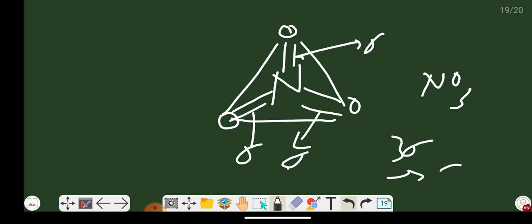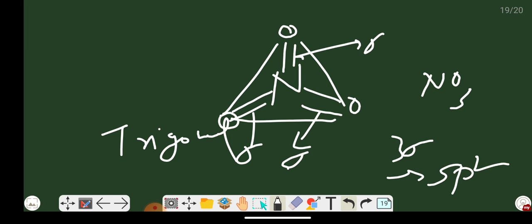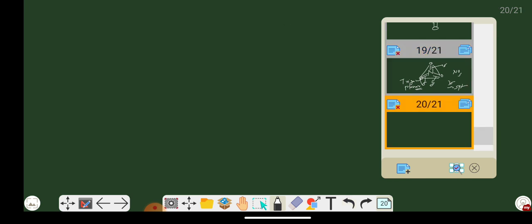So hybridization is sp2 and the shape of the molecule is trigonal planar, as we discussed in our previous chart. I again tell you, please go to the previous video, whose link is given in the description box, and first see the previous video of VSEPR theory and then come to this video.